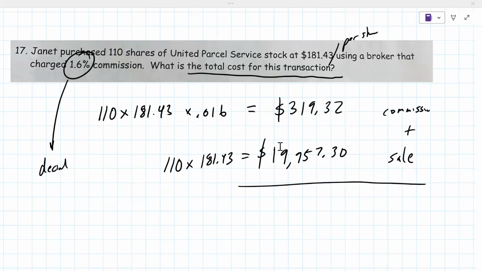You need how much you're paying in commission and how much you actually pay for the stock, and then you add these together. Okay. Is that okay?